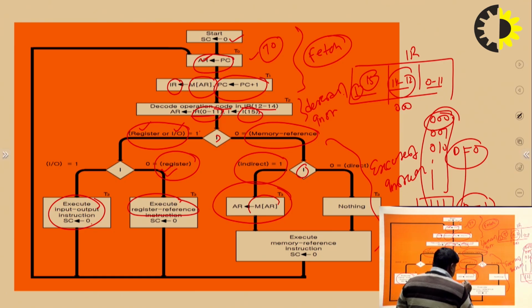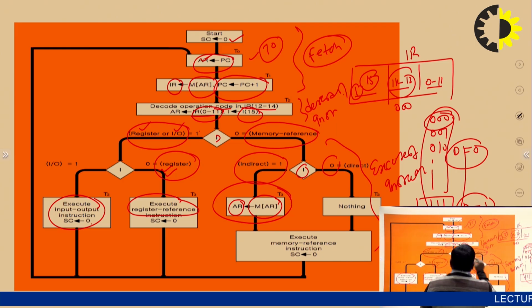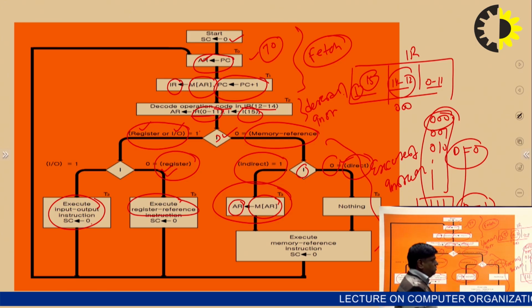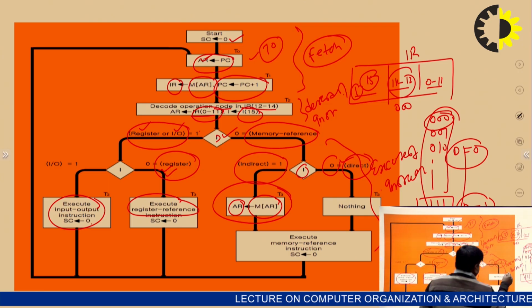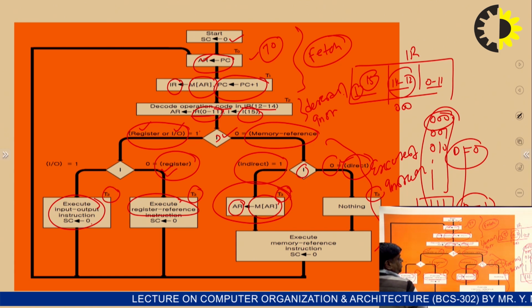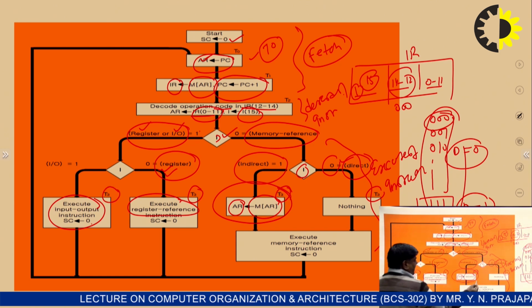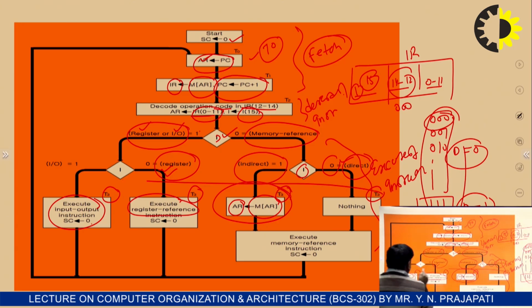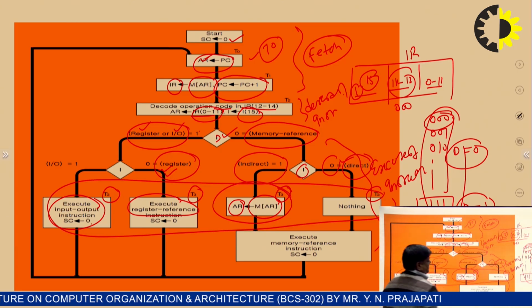It means we check another address, then the instruction is executed. That is the indirect. And when I is equal to 0, then nothing, and the instruction is executed as a direct reference, and these are T3, and the execution of the process takes a single time, and from here the instruction is executed.